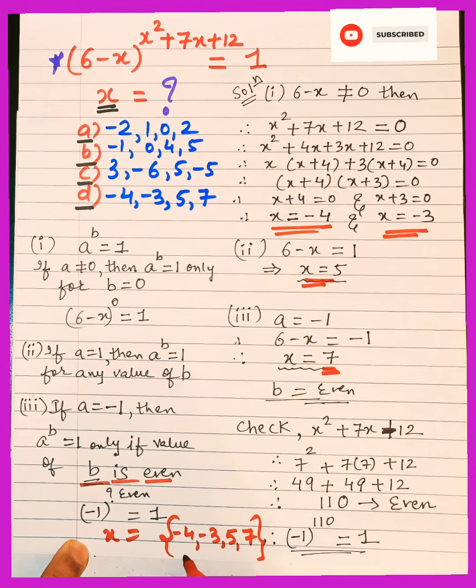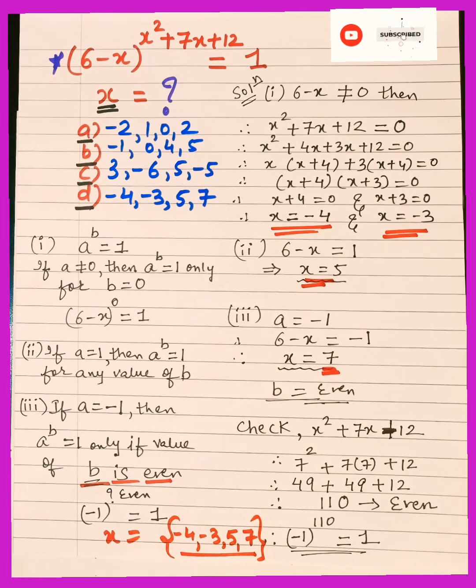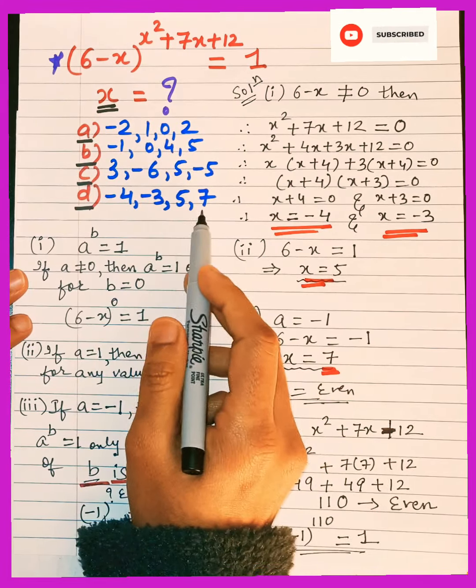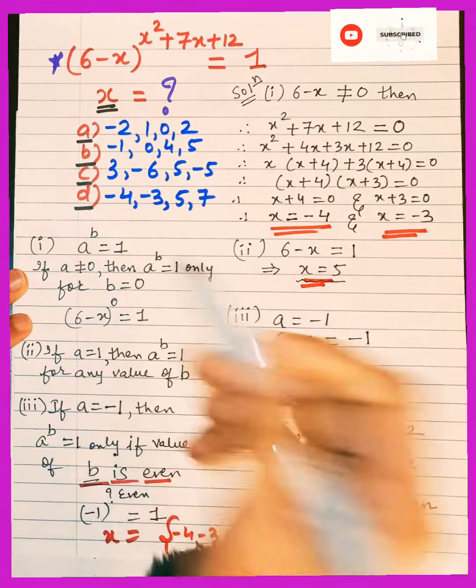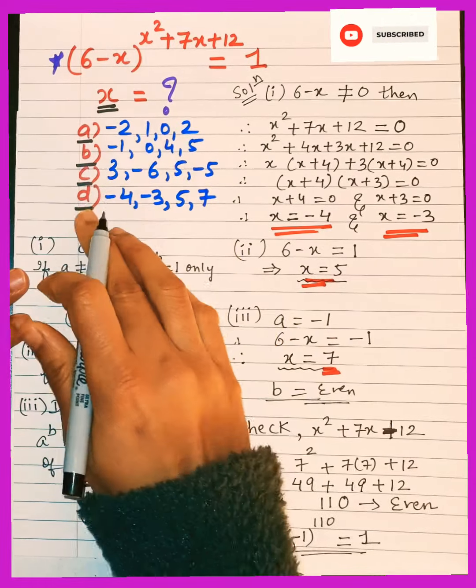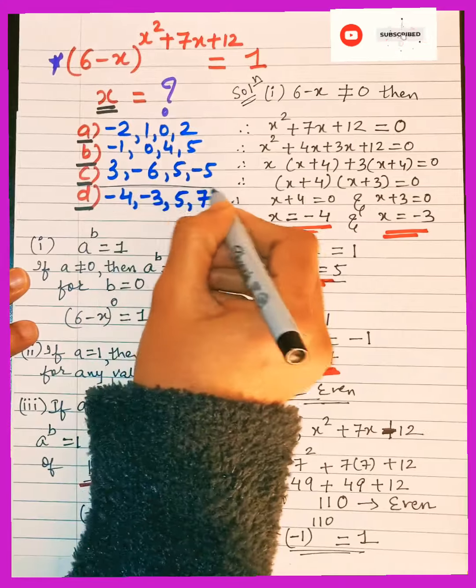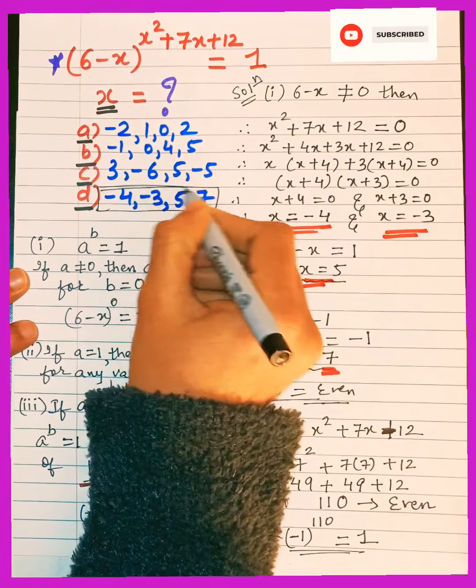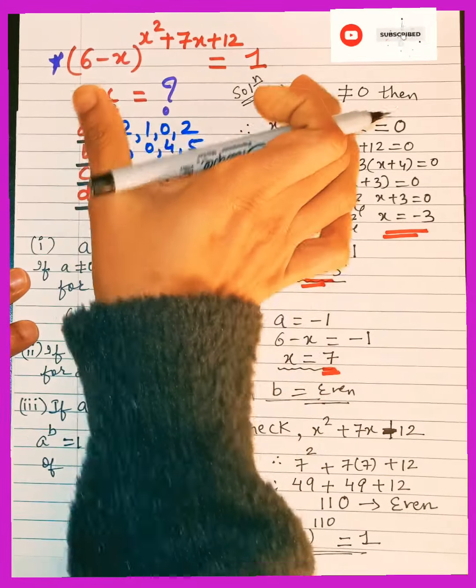So we have 4 values for x. If you check the options carefully, minus 4, minus 3, 5 and 7 is given in option D, the last one. So option D will be the solution for this type of question.